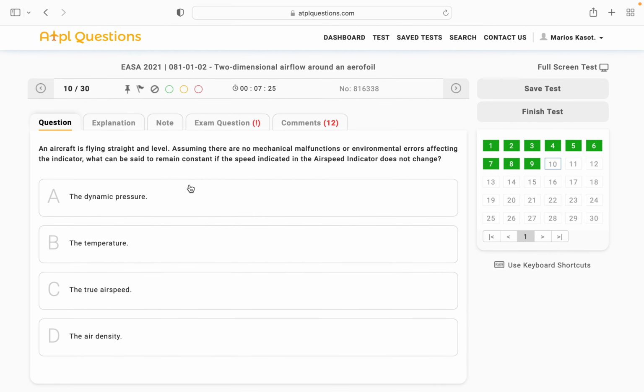An aircraft is flying straight and level, assuming there are no mechanical malfunctions or environmental errors affecting the indicator. What can be said to remain constant if the speed indicated on the airspeed indicator does not change? The dynamic pressure, the temperature, the true airspeed, or the air density.